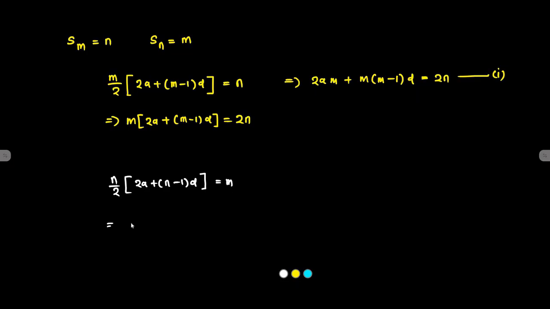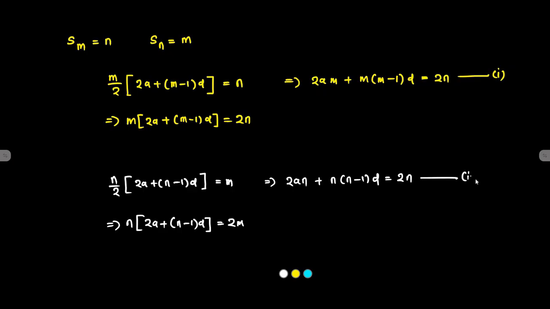That implies n into 2a plus n minus 1 into d is equal to 2m. That implies 2an plus n into n minus 1 into d is equal to 2m. This is equation 2.